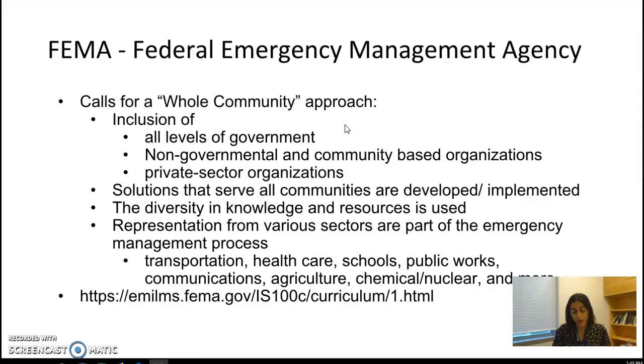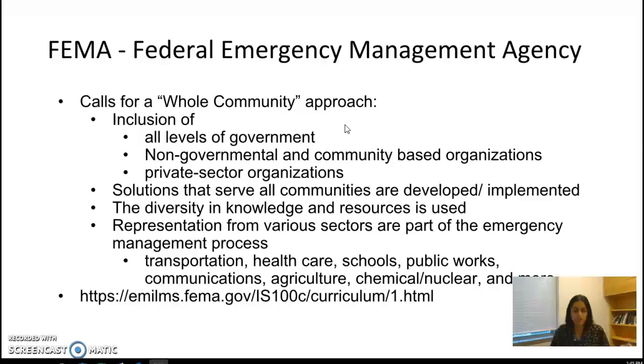And their goal, it may not always happen because the nature of emergency response is sometimes chaotic, most of the time. And as you who are emergency responders know, the first priority is usually rescue and saving lives, and all this coordination is hopefully to keep things organized during that process.